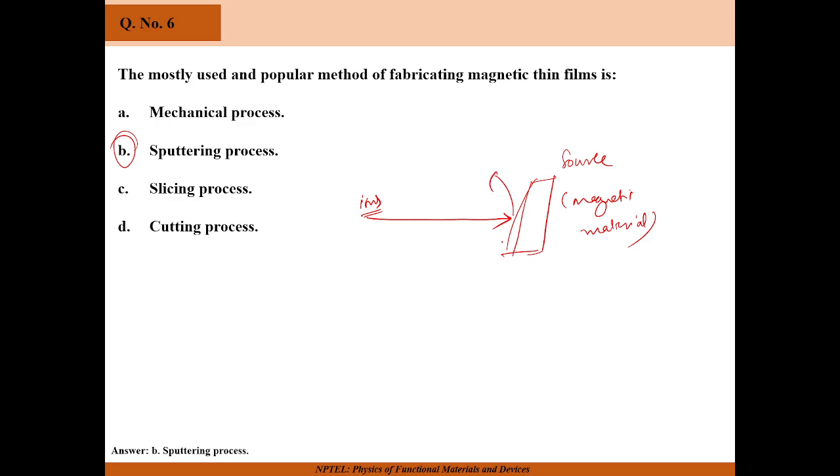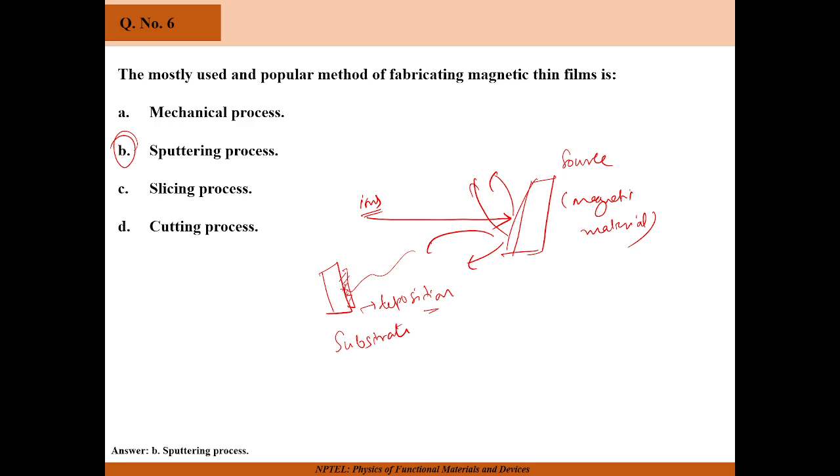We will keep a substrate, and these particles will come and get deposited on the substrate. The deposition happens. This is a basic sputtering process.